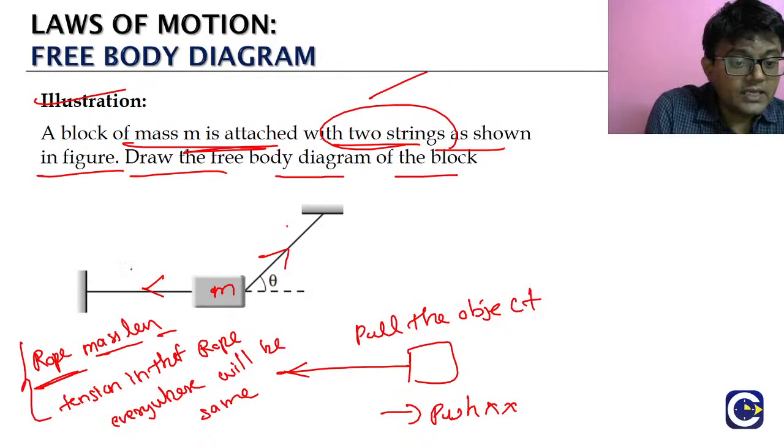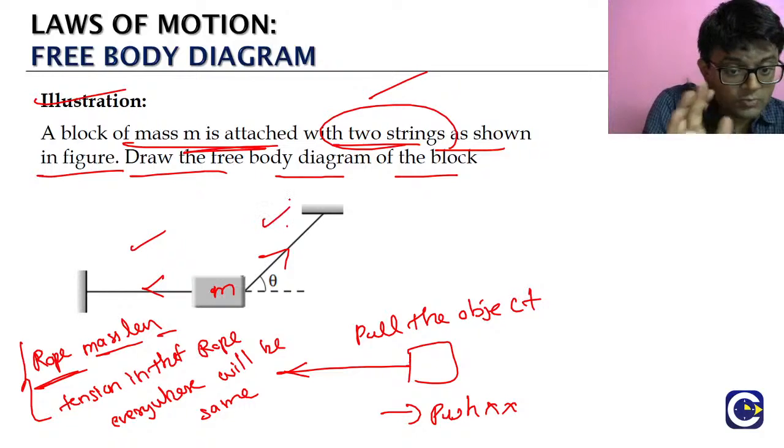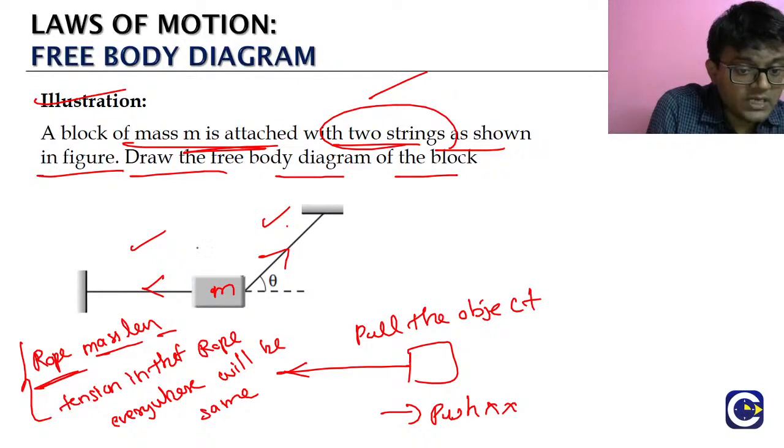But here this is one rope and this is another different rope. They are not one rope. So this one will have one tension value and that one will have another tension value. Okay? So after this, what will there be?